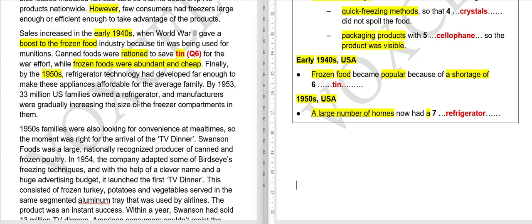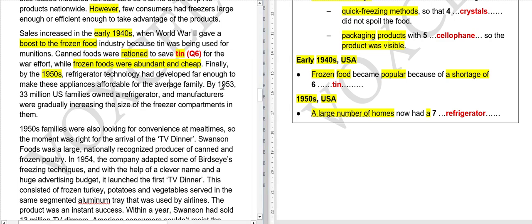So why is it the correct answer? Here they are saying a large number of homes now had something. Here they are saying 1950s technology had developed far enough to make refrigerators, these appliances, affordable for the average family.